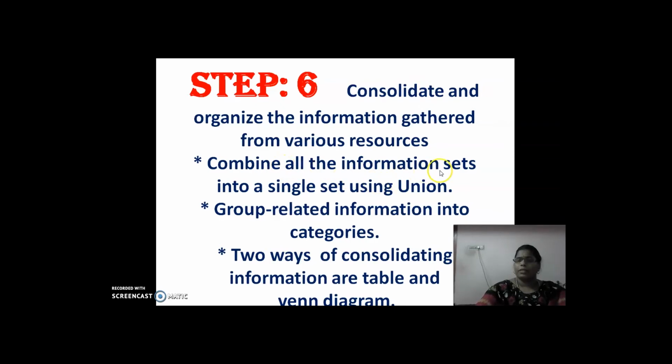Combine all the information sets into a single set using union, or group related information into categories. There are two ways of consolidating information: a table and a Venn diagram. You can do it this way, or you can do it using union.